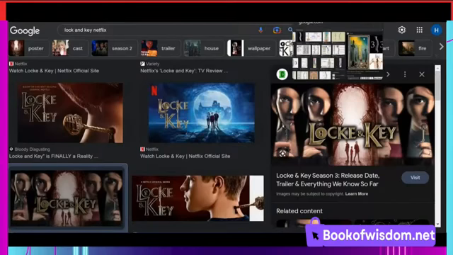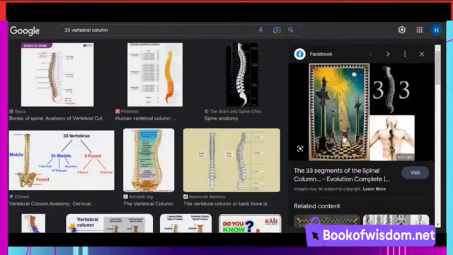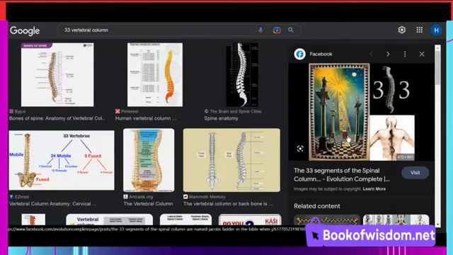Just like you have 33 vertebrae in your spine, this represents the Kundalini energy going up your 33 vertebrae, just like Masonry has 33 degrees.